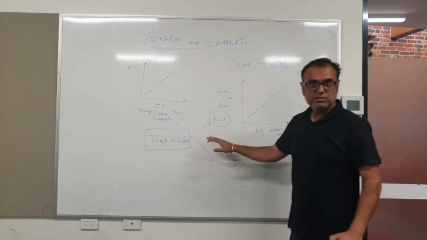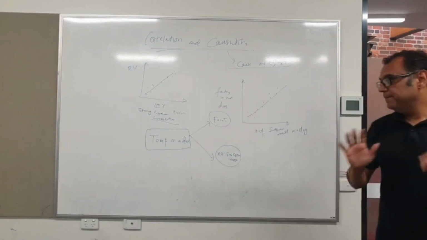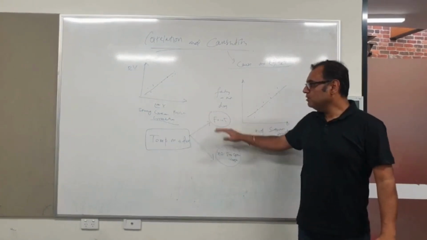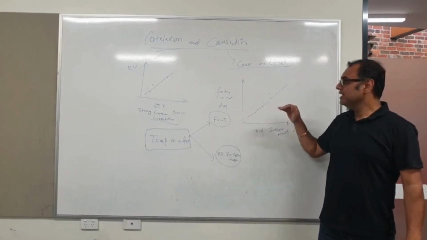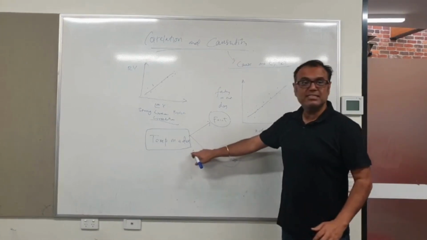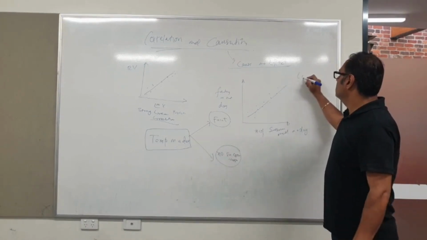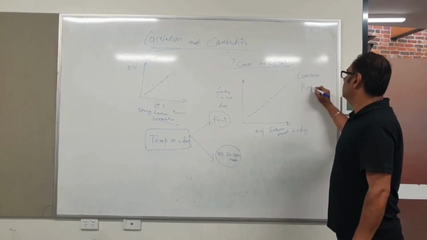So this kind of a scenario where you have something behind the scenes common to both EV and RV, driving them up or down, creating a positive or a negative correlation, I call this kind of a scenario the common response scenario. Note it down.